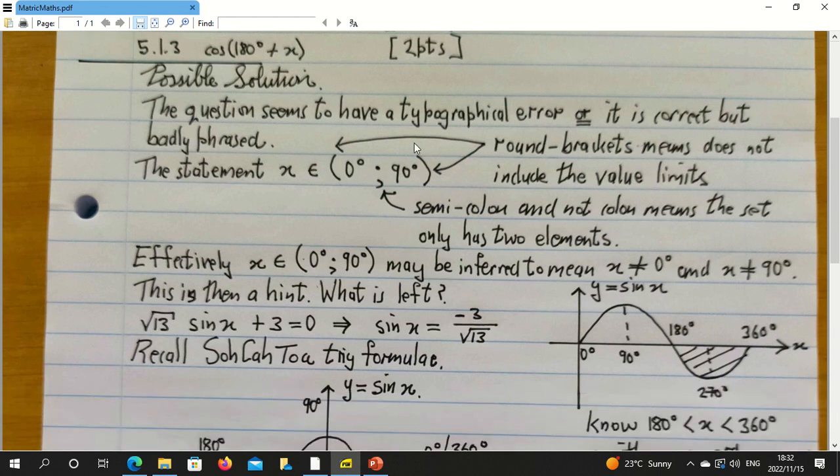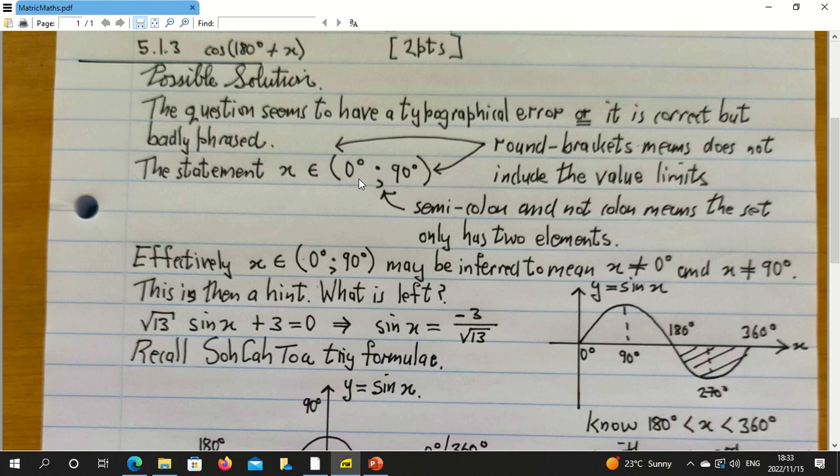Well, typically if you have a round bracket, it means it does not include the elements on the side. To include the elements mathematically, you have to have a square bracket. Then there's a semicolon. A semicolon doesn't really make mathematical sense. If you wanted an interval or a range of possible values, you would put a comma, not a semicolon.